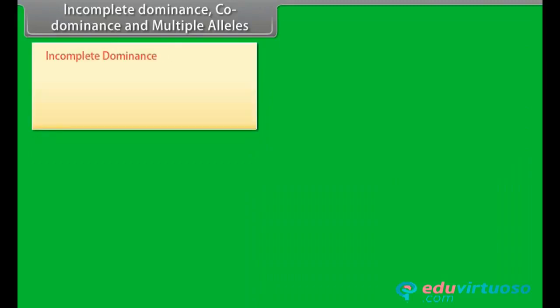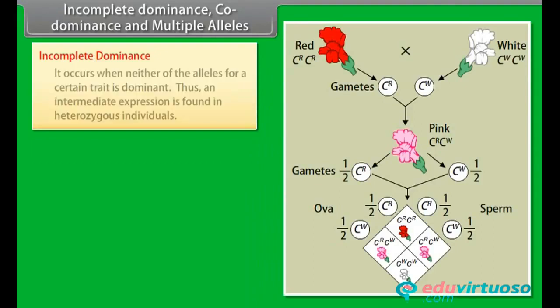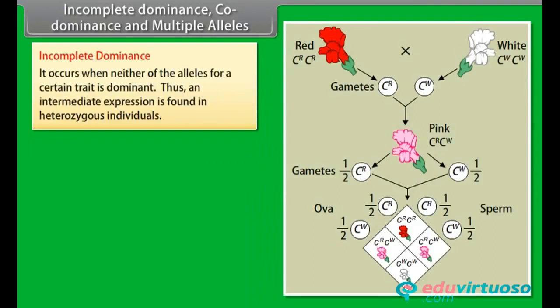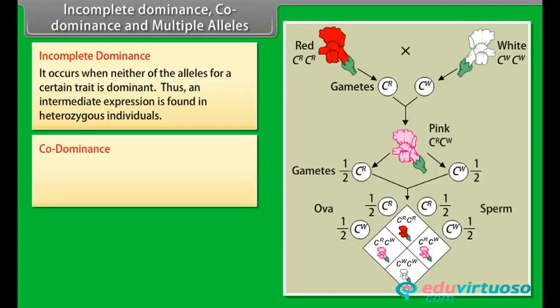Incomplete dominance, codominance, and multiple alleles. Incomplete dominance. It occurs when neither of the alleles for a certain trait is dominant. Thus, an intermediate expression is found in heterozygous individuals. Codominance.